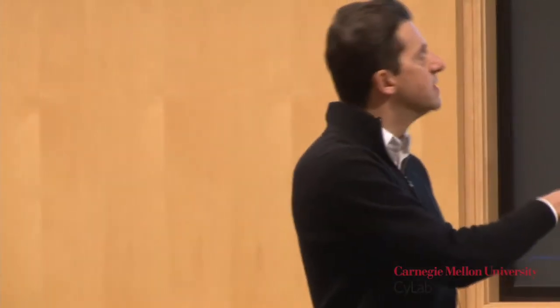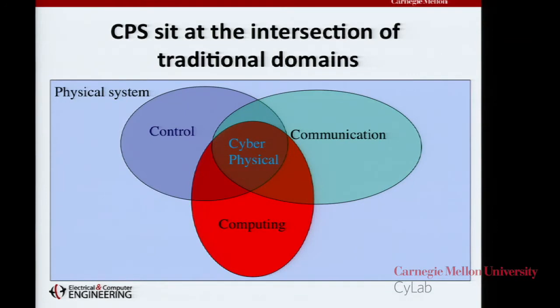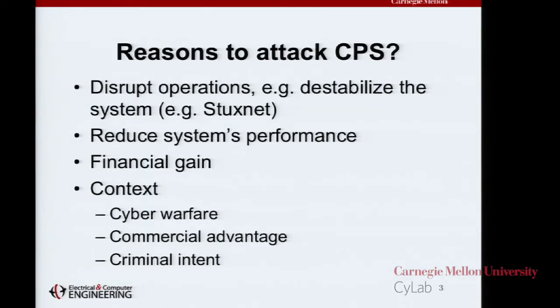Therefore, the separation of concerns does not apply anymore. We have to do co-design, right? And that's, I think, at the heart of cyber-physical systems. We have to do joint modeling of these environments and analysis of them. It's a major challenge, which I think will take years and years. But I think the necessity of it has been acknowledged.